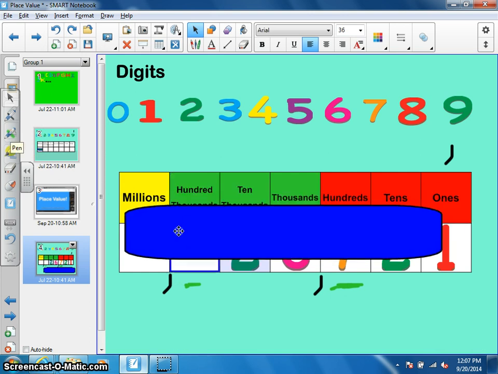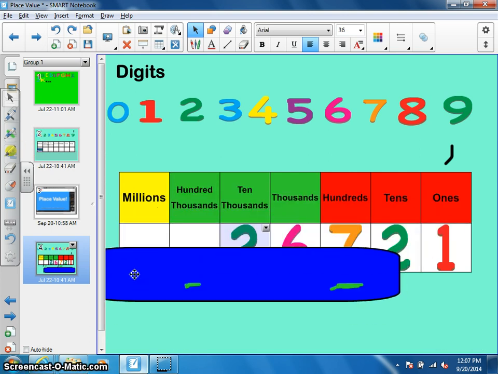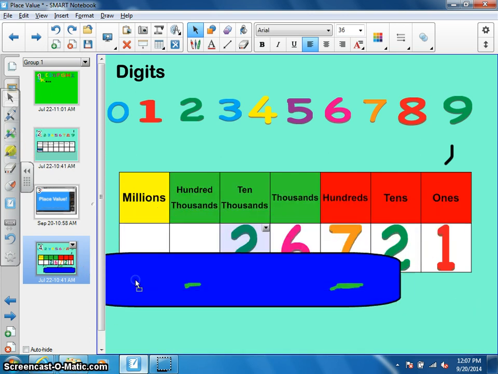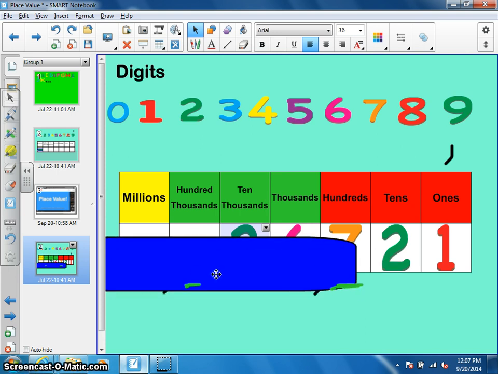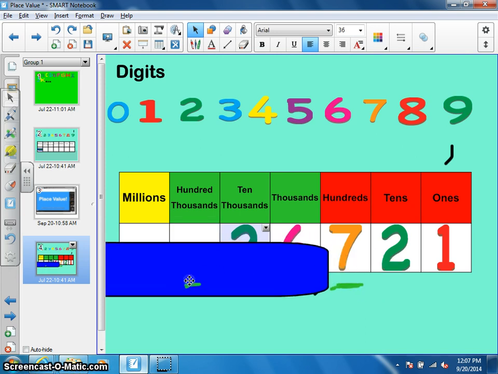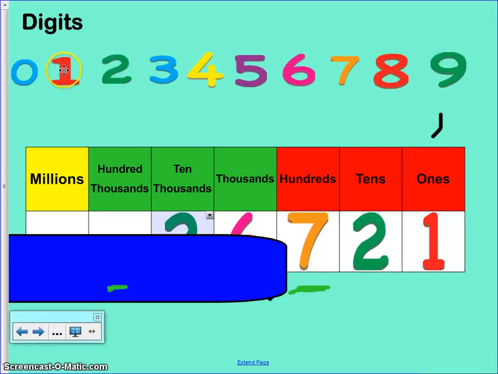Okay, let's say I covered up the 26. You can kind of see it, but for some reason it's not letting me do this quite right. Let's say I covered up the 26 and I had just these 3 digits.